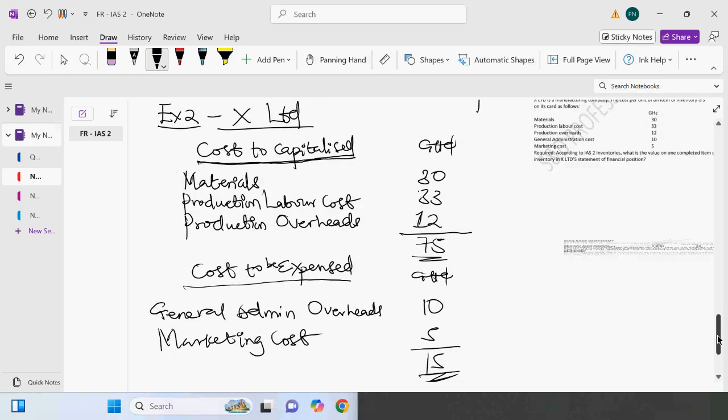The requirement is basically asking for the value of the inventory. What were you thinking?